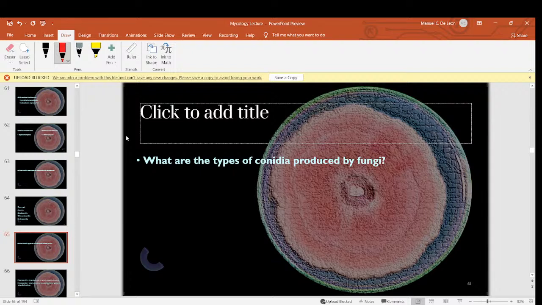What it was asking me is the appearance of the chlamydospore. Where is it located? I answered terminal because it was located at the tip of that hyphae, but it wasn't at the edge of the hyphal structure. So it has to be at the very end of the hyphal structure for you guys to be familiar with it.